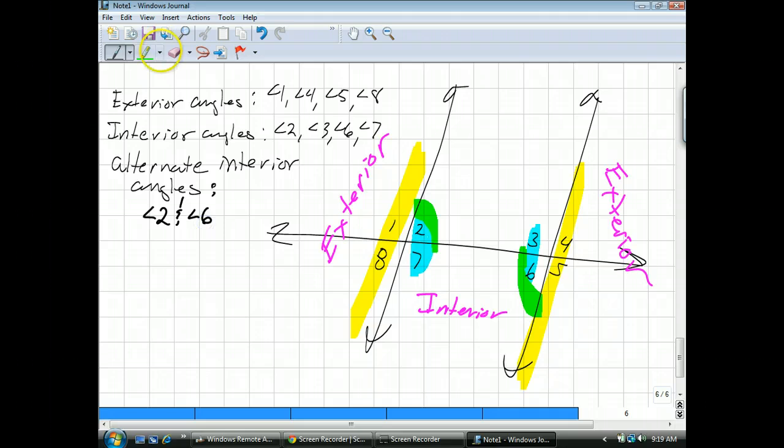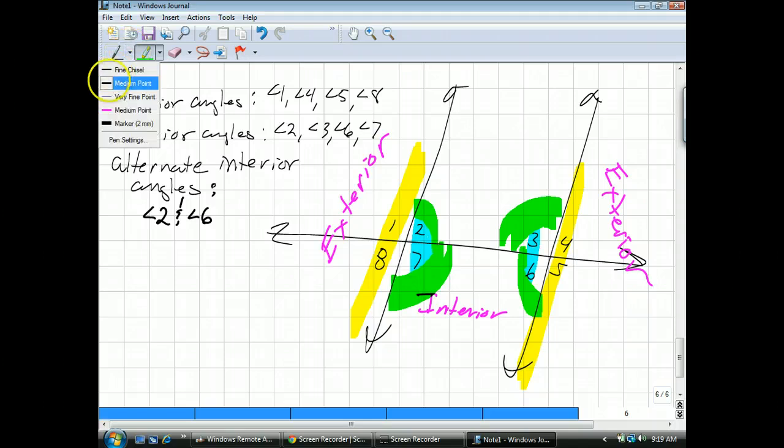Okay? Also, notice that angle 3 and angle 7 are interior angles on opposite sides of the transversal. So those are another pair of alternate interior angles.